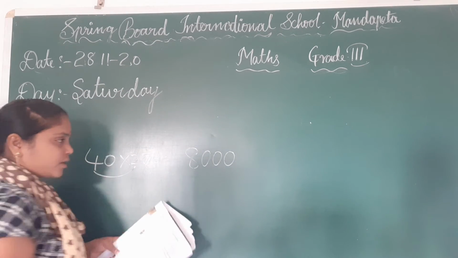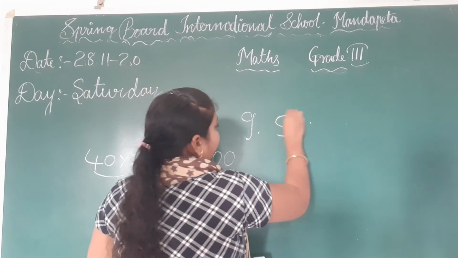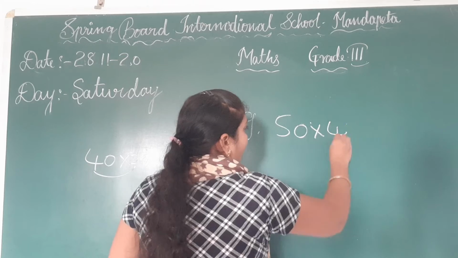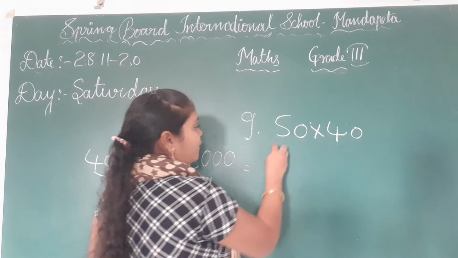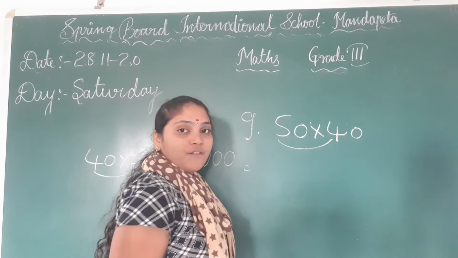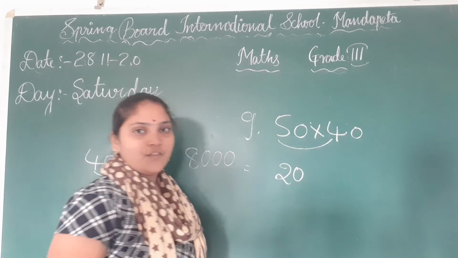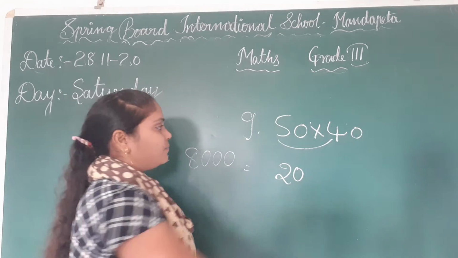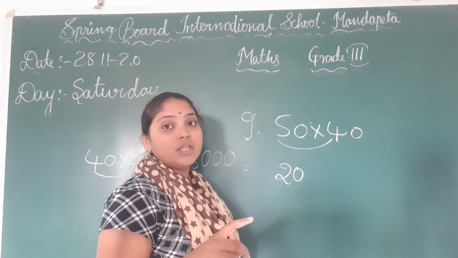You have to do like that, okay, children? Now in 4.12 observe 50 into 40. So 50 into 40 means first multiply with 4. 5 fours are 20. Now let us count how many zeros are here. 2 zeros are there.